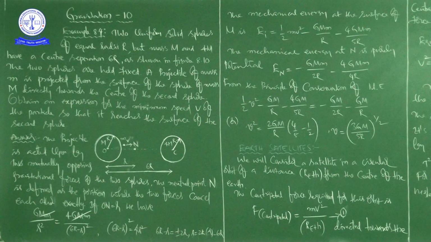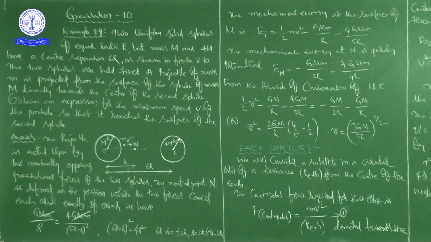Now the two spheres are held fixed. That's what I already told you. A projectile of mass m is projected. So a small projectile is going to be projected from this sphere, from the surface of the sphere of mass capital M directly towards the center of the second sphere.